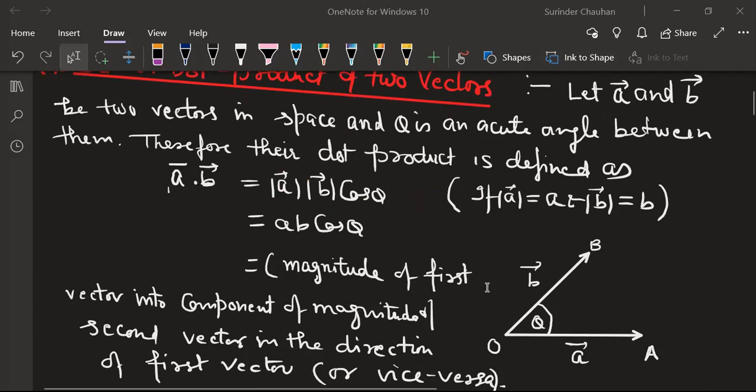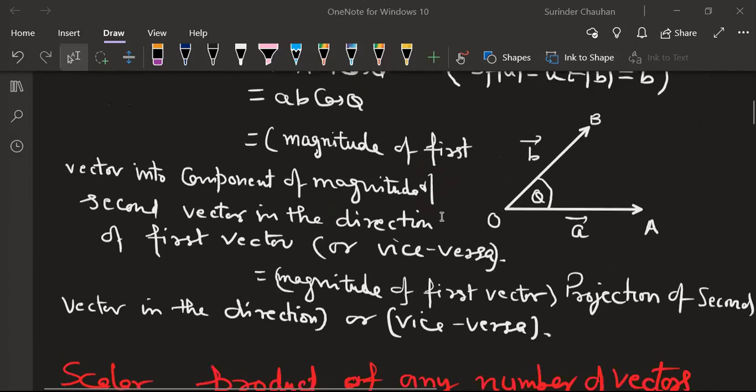If you want to see its geometrical interpretation, we'll find that AB cos theta means the magnitude of the first vector into the component of the second vector in the direction of the first vector, or A dot B is the magnitude of the second vector into the component of the first vector in the direction of the second.